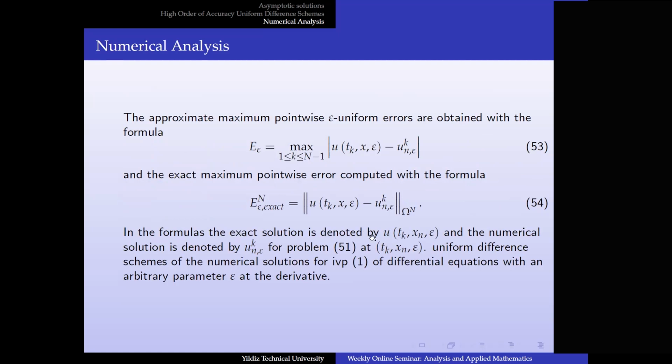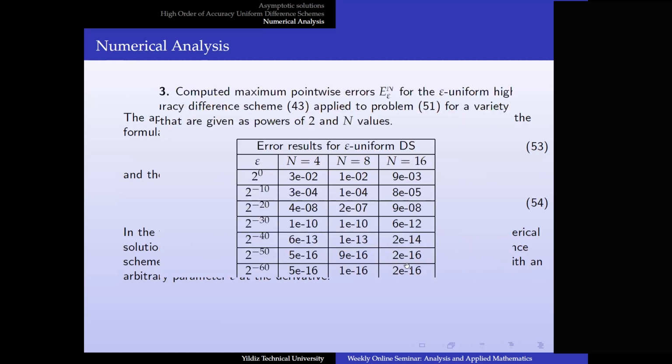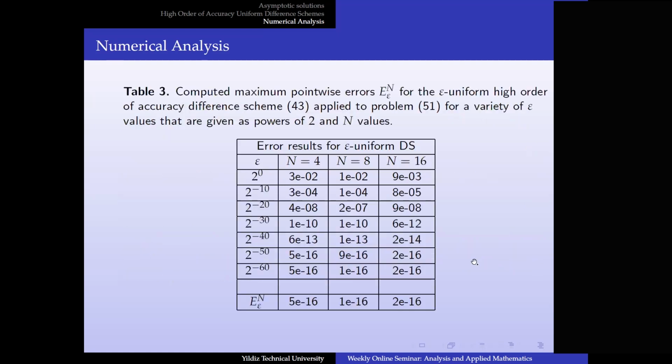So in the formulas, the exact solution is denoted by u of tk, xn, and epsilon, and the numerical solution is denoted by u sub n epsilon for problem 51 at tk, xn, and epsilon. So the uniform difference schemes of the numerical solution of the initial problem 1 of differential equation with an arbitrary parameter epsilon at the derivative are the following.